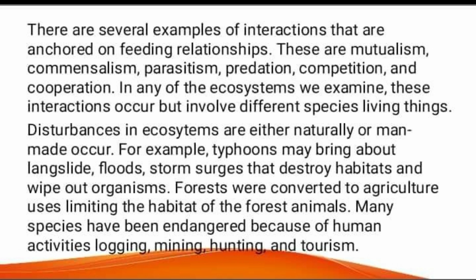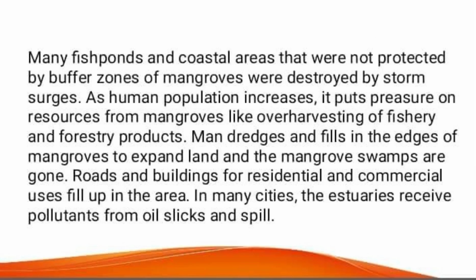Many species have been endangered because of human activities like logging, mining, hunting, and tourism. Many fish ponds and coastal areas that were not protected by a buffer zone of mangroves were destroyed by storm surges. As the human population increased, pressure on resources from mangroves grew, like over-harvesting of fishery and forestry products.